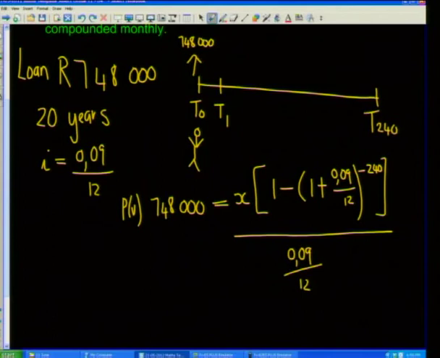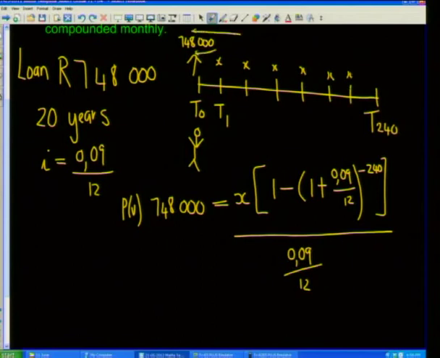If she is standing at the present value, all of these X payments that she is making have to be brought back and stripped of their interest, and that's why it is a negative exponent.